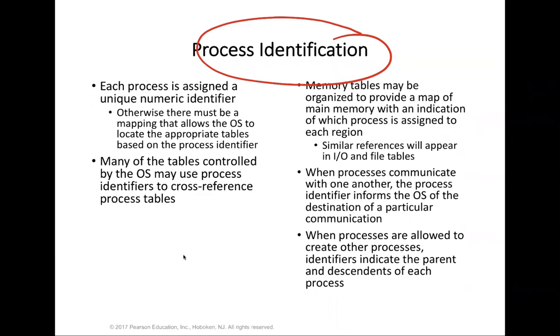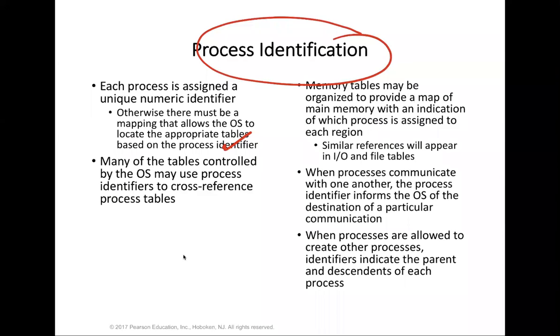Why do we need those process identifiers? Because there must be a mapping that allows the operating system to locate the appropriate tables based on the process identifier. This identifier is used in several ways. Many of the other tables that are controlled by the operating system may use the process identifier to cross-reference process tables.